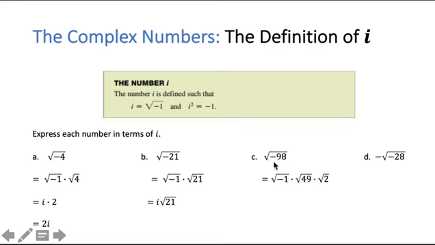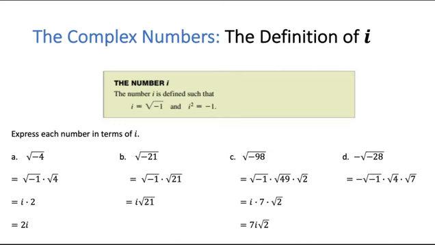But when you look at the square root of -98, there's a square number that divides into 98. That's the number 49. So I broke this one up into the square root of -1 times the square root of 49 times the square root of 2. Now the square root of -1 is i, the square root of 49 is 7, and the square root of 2 is equal to the square root of 2. Simplified, that's 7i times the square root of 2.